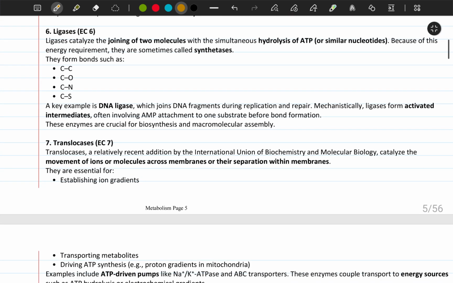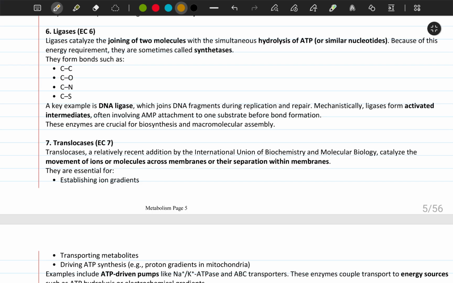These enzymes are crucial for biosynthesis and macromolecular assembly. Last but not the least, translocases, EC7. Translocases are a relatively recent addition by the International Union of Biochemistry and Molecular Biology.